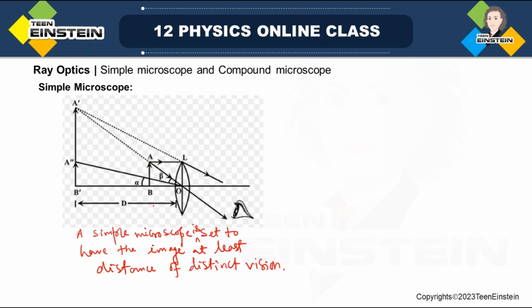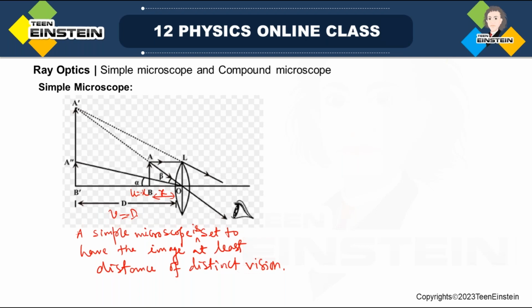As I said, the image is formed at the least distance of distinct vision, so V here is D. And U here, let us say this is X. Both are negative, because we are going against the direction of the incident ray. U is minus X, and V is minus D.